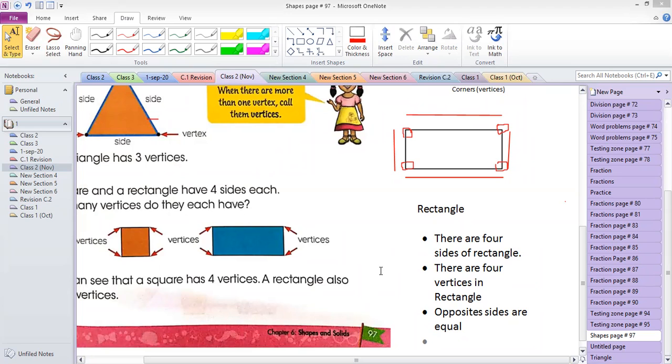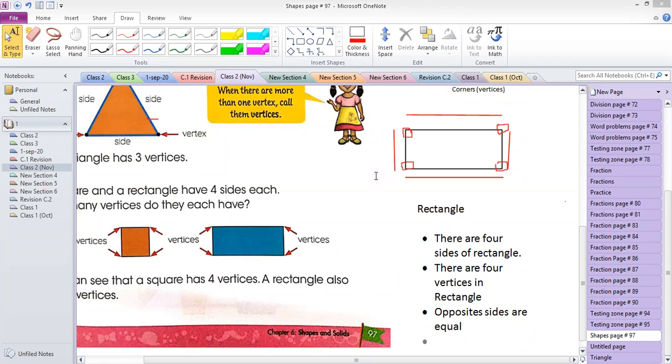Very good, Amal. And dice. If you look at the dice, dice is also in a square shape, right? Yes, chessboard. If you have seen a carom board, this is also in a square shape, right? All right.